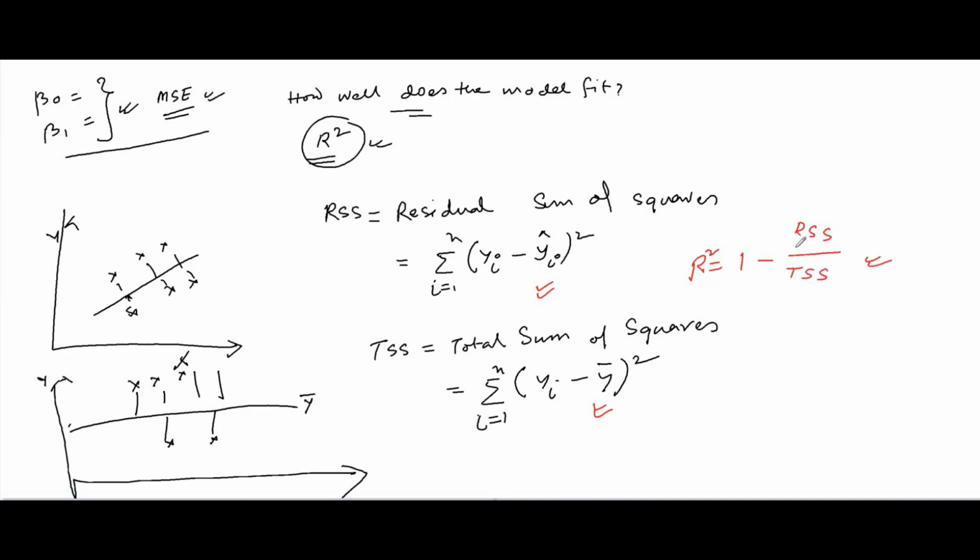Normally R square is positive; negative is a very rare scenario, and this kind of package will handle it. The higher the R square value, the better the model.